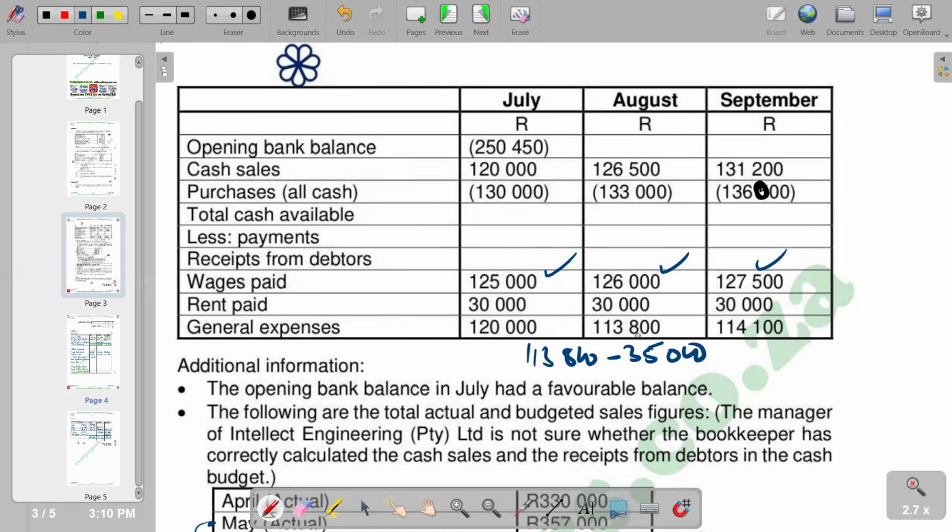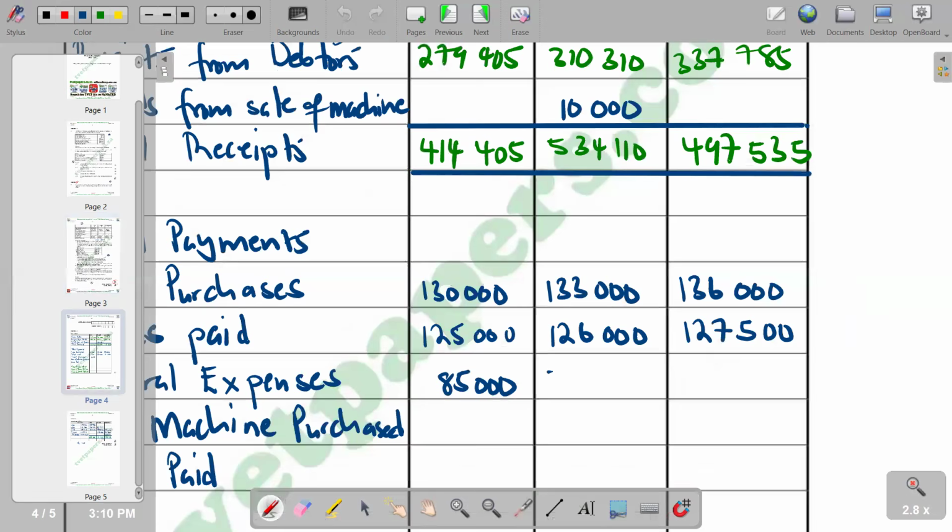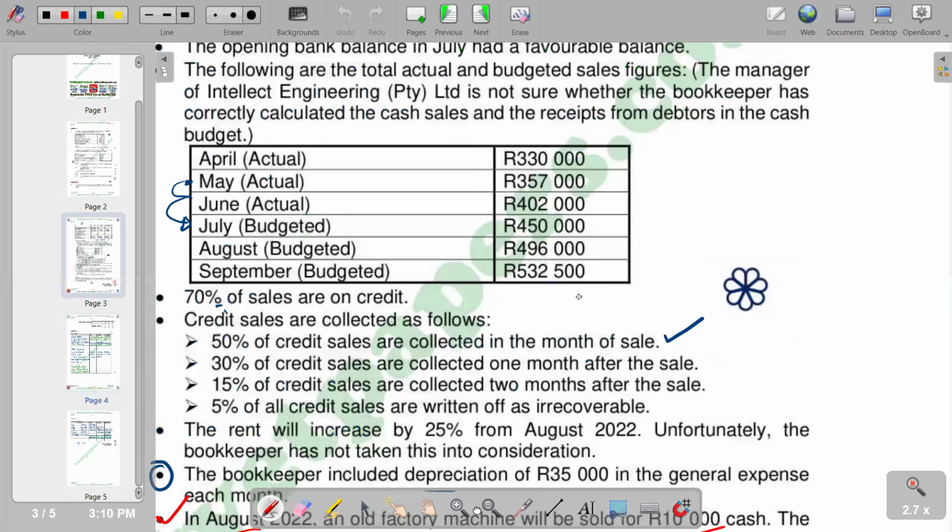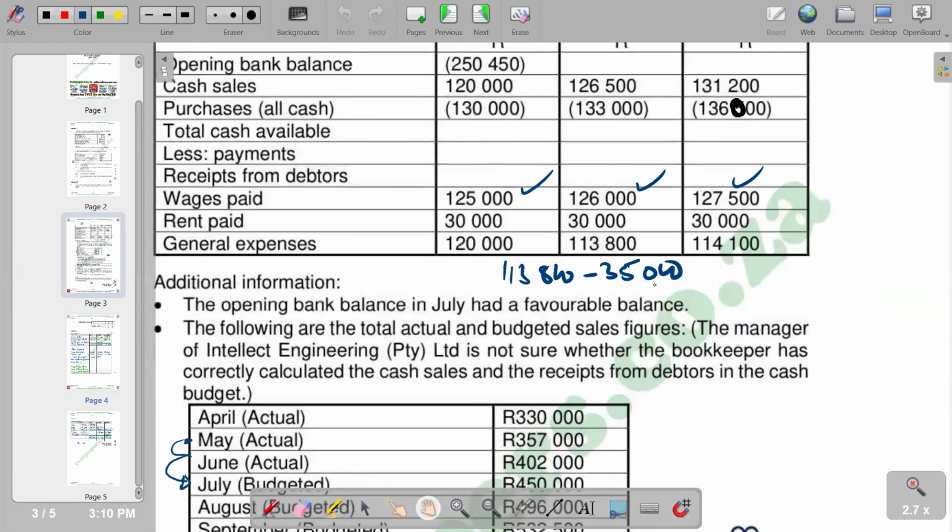So we're going to get a general expense of 78,800. So we put 78,800. You go to September. For September, we subtract again 35,000 from general expenses of September, 114,100 minus 35,000. Then we get your answer is 79,100.